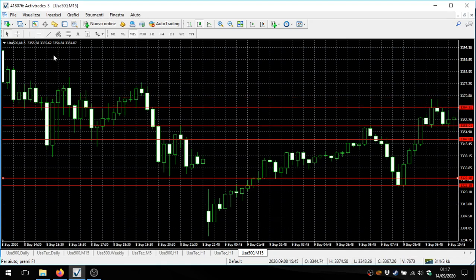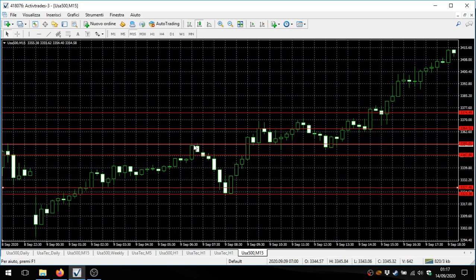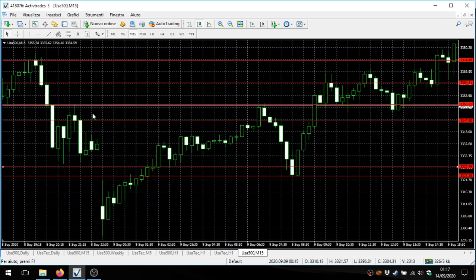So you take this one, you take this one, and as you can see, the price tends to find resistance into this area once again, back into the previous area that we have discovered, thanks to this imbalance, okay?